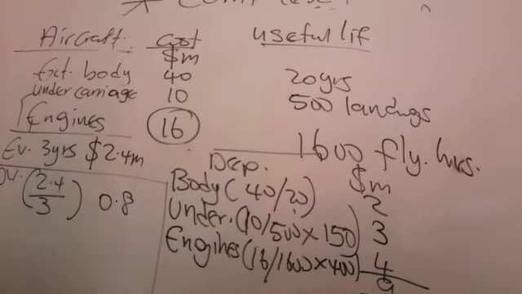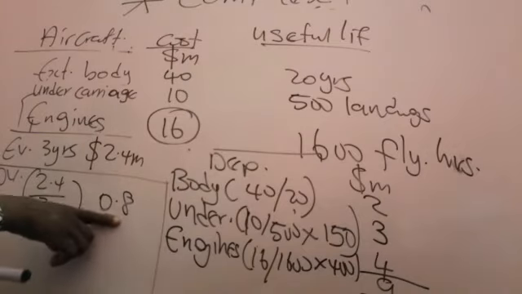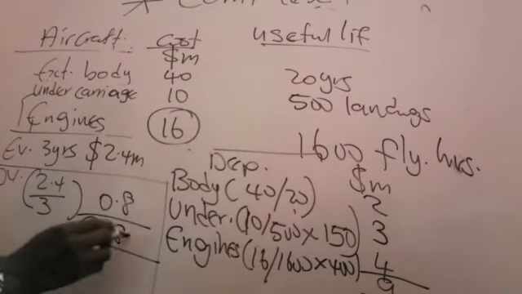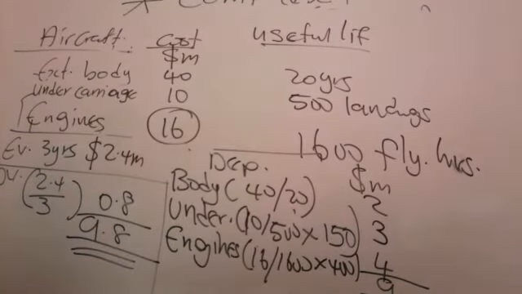So this cost must be added to the cost of the assets, and the 0.8 will be added to the depreciation. So overall, the total depreciation will be 9.8 million. So in short, a major overhaul must be capitalized as cost of the asset and must be depreciated on its own. Then we are done with the complex assets and the overhaul.